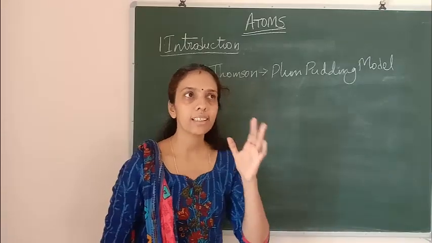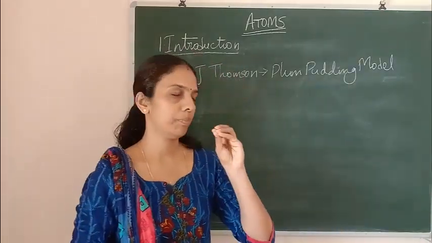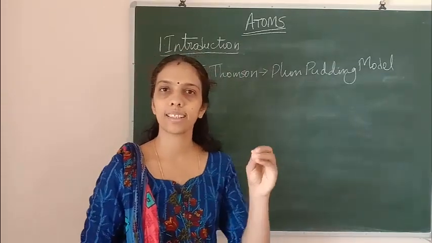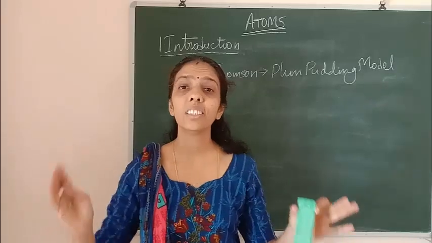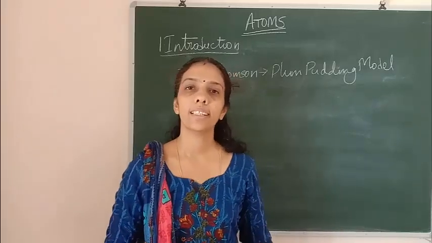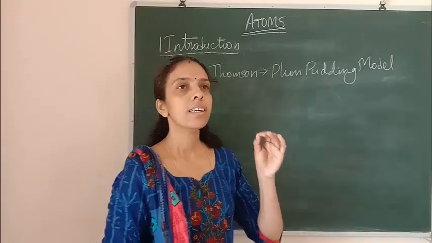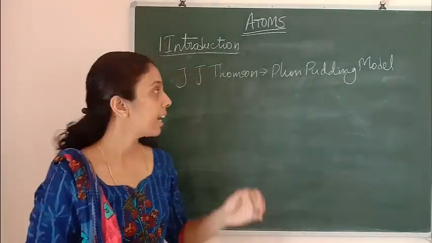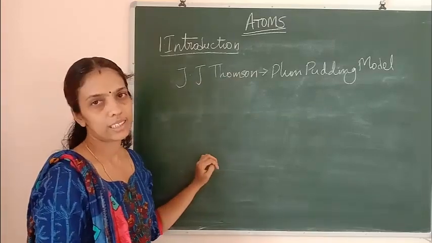You can think of a watermelon: the fleshy red part is like the positive charge, distributed in the entire volume, and the negative charges, that is electrons, are distributed like seeds in the watermelon. That is the plum pudding model, which is given by J.J. Thomson.